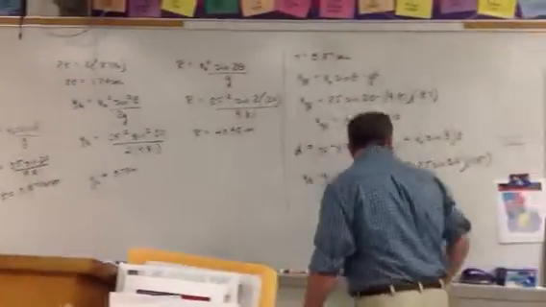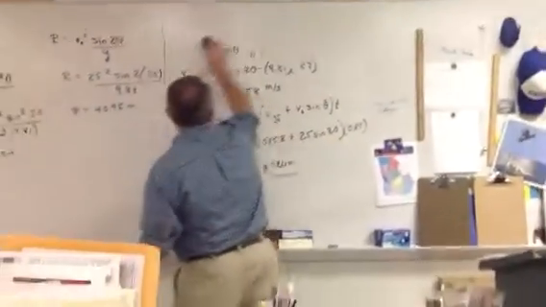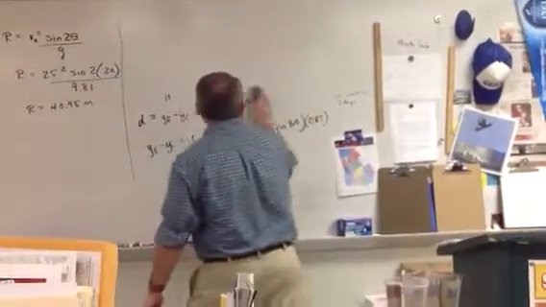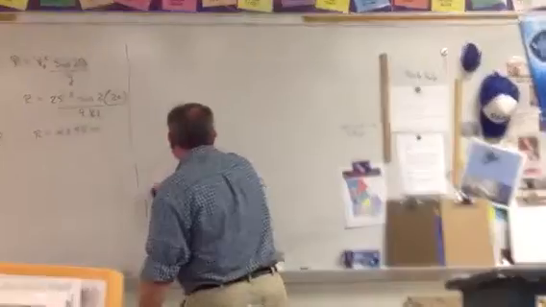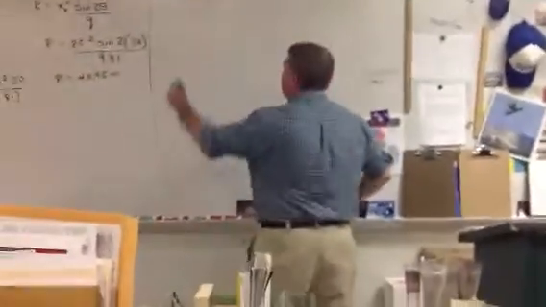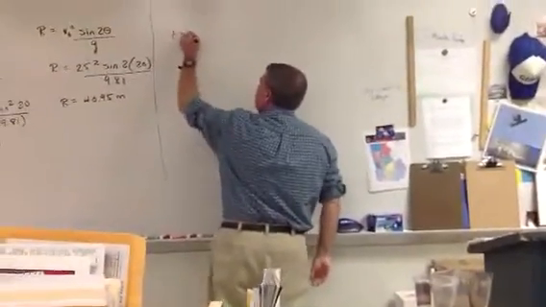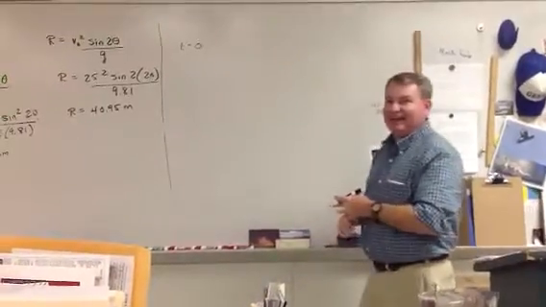Let's do one final check, and this is a simple check. What should happen at a time of 0? If your time is equal to 0, the object shouldn't have attained any height at all.